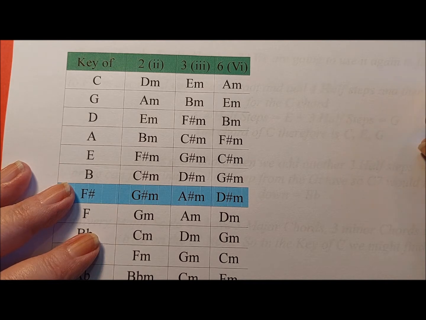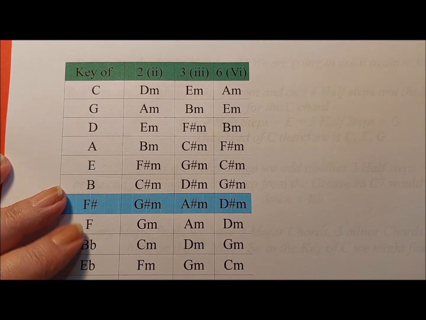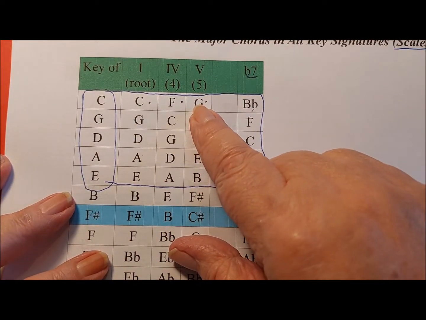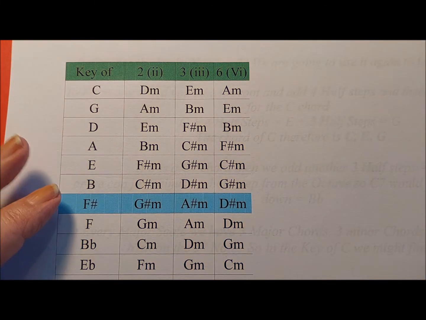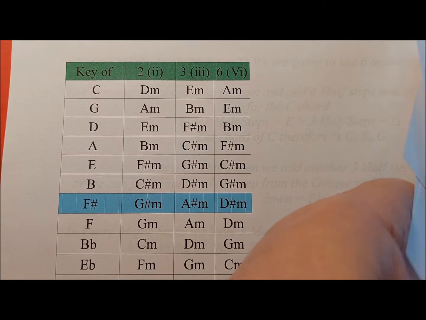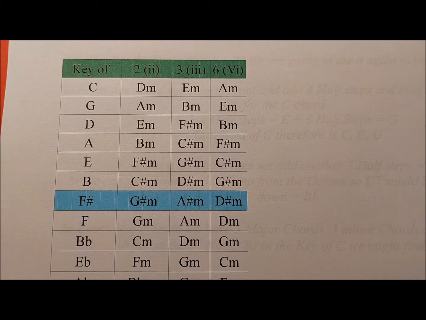So in key signatures, yes, you may have just C, F, and G, but sometimes you'll get the minor chords. I know I got lots of songs with minor chords in it, but do I have any songs close by in this book? I don't think so.